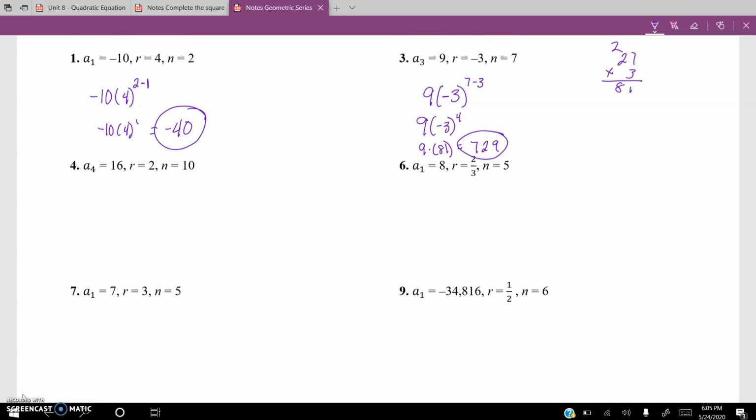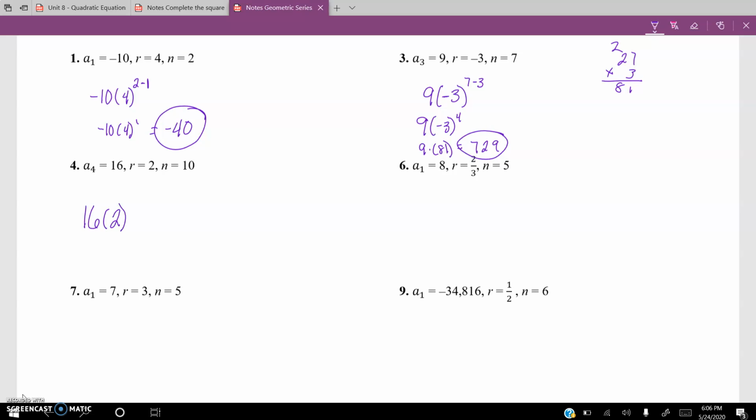If I did number 4, no, let's do a different one. No, let's do number 4. I like number 4. If you're starting at the 4th term, I know that because I have a little 4 here, I'm multiplying by 2 to get to the next term, and I want to get to term number 10. So I'm going to start at the 4th term, which was 16.